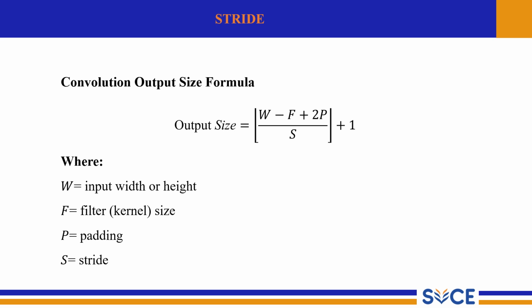Here W is the width or height of the input image, F is the size of the convolution filter or kernel, P is the amount of padding applied to the input, and S is the stride, which controls how far the filter moves at each step. This formula shows how padding increases the effective input size while stride controls how densely the filter is applied. By adjusting these parameters, we can precisely control the spatial dimensions of the output feature map.